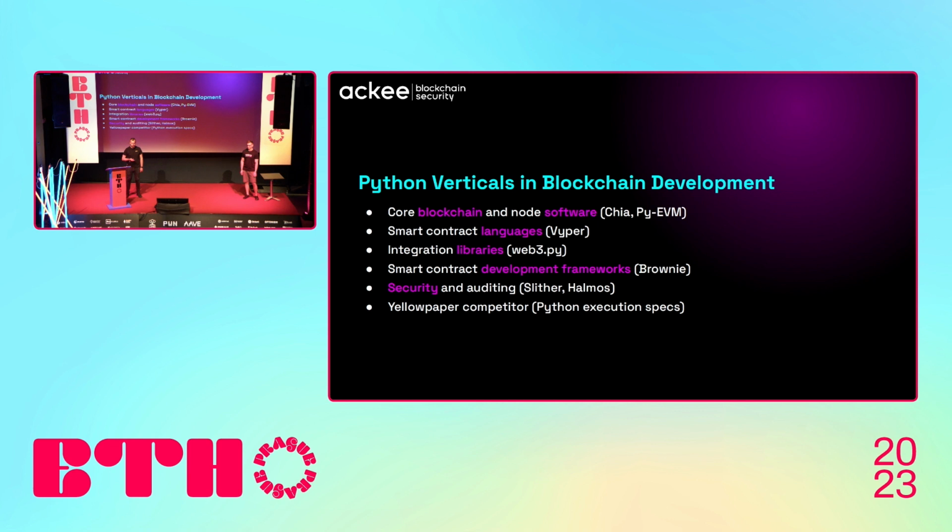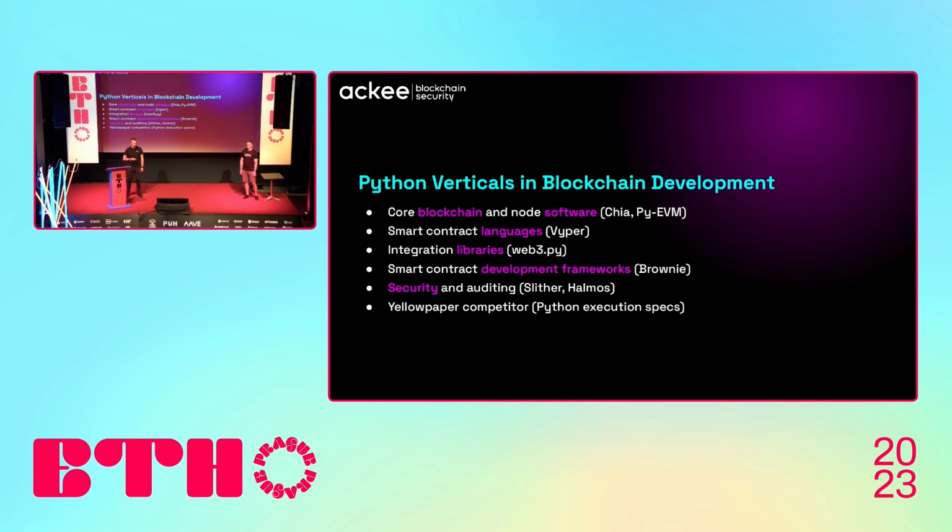So what are the verticals in blockchain development in Python? We have some core blockchain and node software, like the EVM implementation in Python called PyEVM. Then we have some Pythonic languages for smart contract development, like Vyper. Or integration libraries like the competitor of web3.js called web3.py.